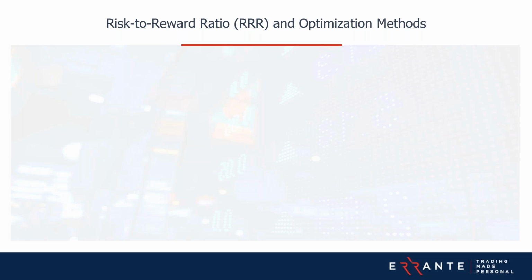It's going to be interesting now that we understand the basics of RRR. One of the most common mistakes traders make is applying the same RRR in every trade. I keep repeating this because I want you to understand that we need to keep a very wide eye on the market condition.